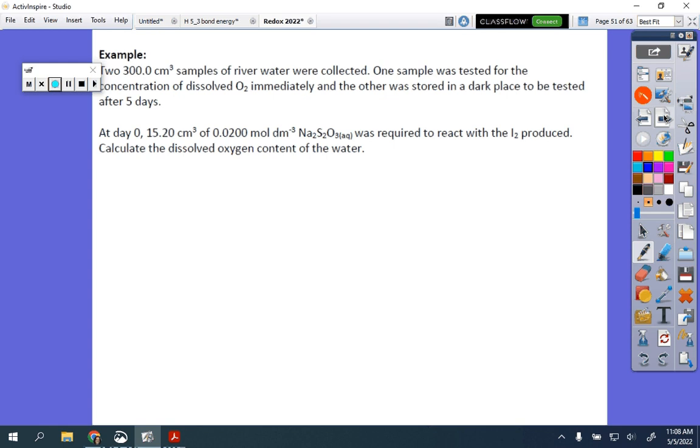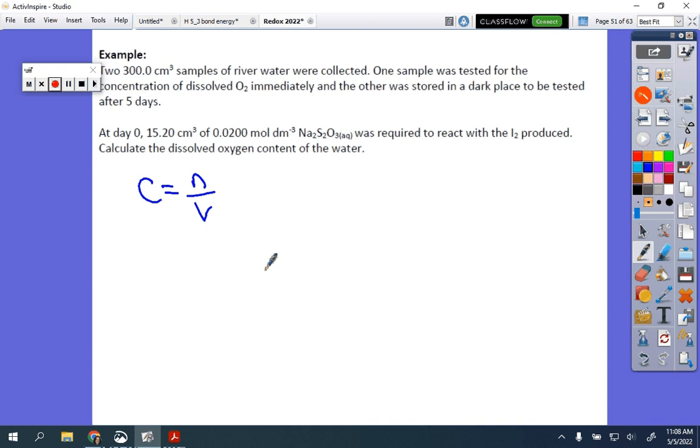So this is where you've got your C equals N over V, right? Your concentration is equal to the moles over the volume. And so we have 0.02 moles per liter of sodium thiosulfate.